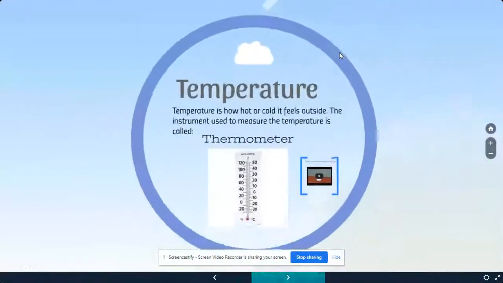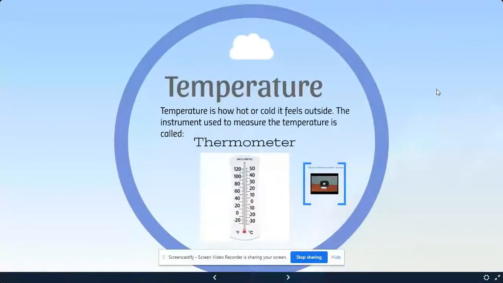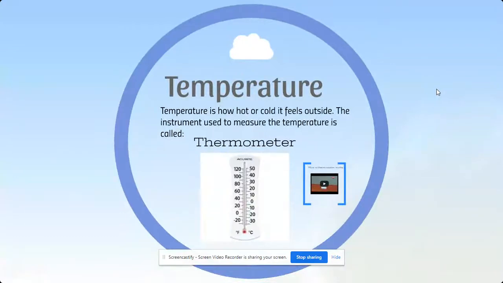The next thing that meteorologists measure is temperature. Temperature is how hot or cold it feels outside. The instrument used to measure temperature is called a thermometer. Two important things about a thermometer: one, there are different types of thermometers. This is just one type, but there are several different versions.